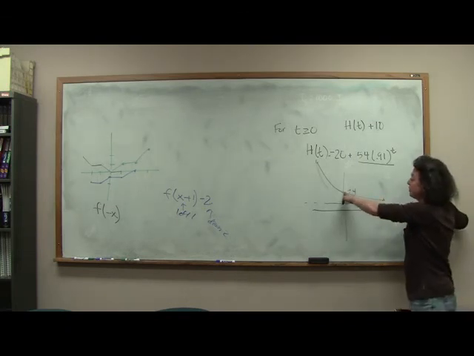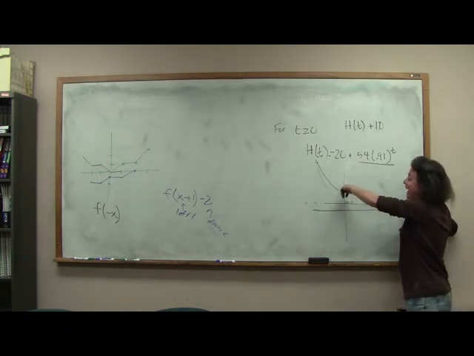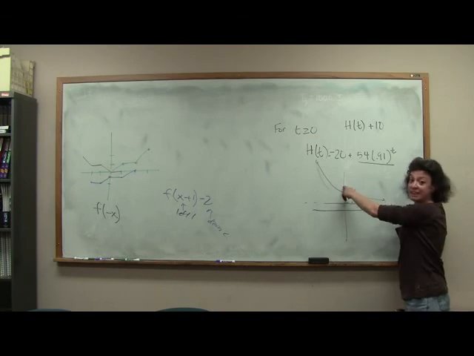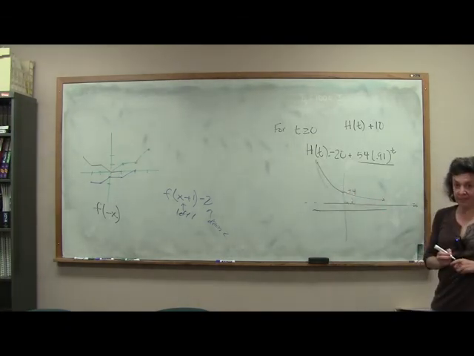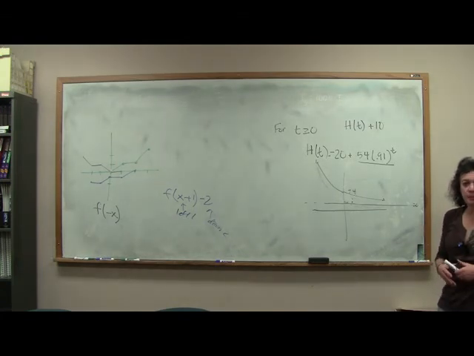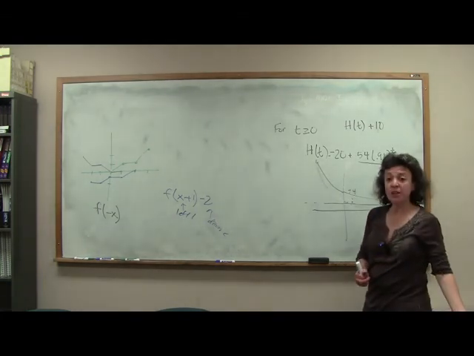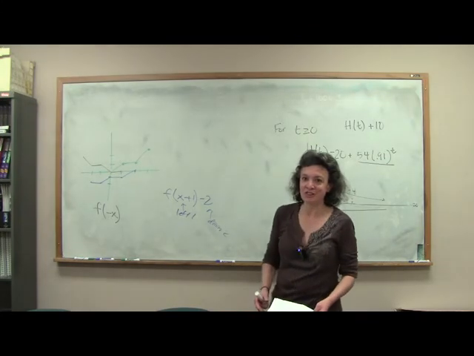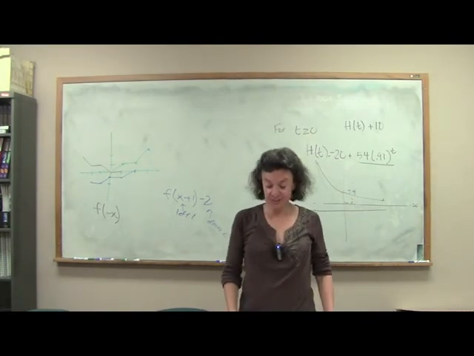So it's just going to be crossing our axis at 84 as opposed to 74. Okay? Just wanted to give you a little bit of intuition, especially since we just finished up doing our exponential functions. So that completes section 6.1.